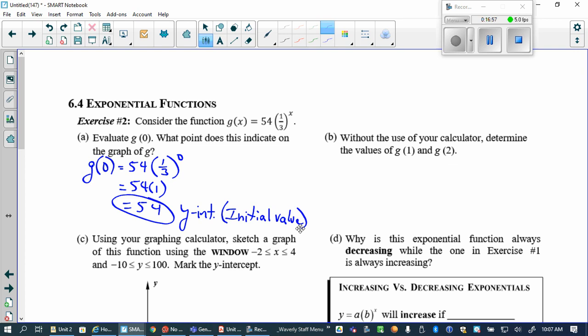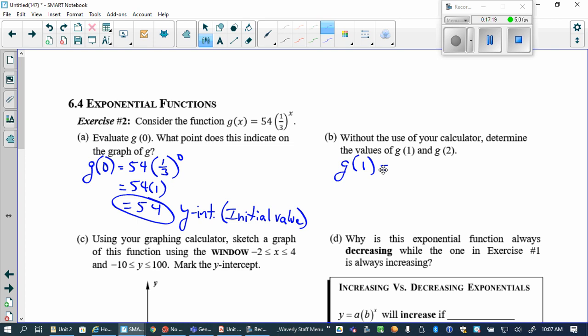All right. Now, without using your calculator, in Part B, evaluate g of 1 and g of 2. So g of 1 means we're multiplying 54 by 1/3 how many times? Once.